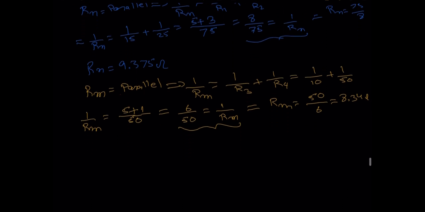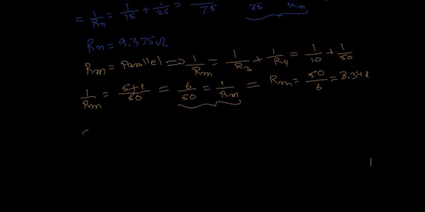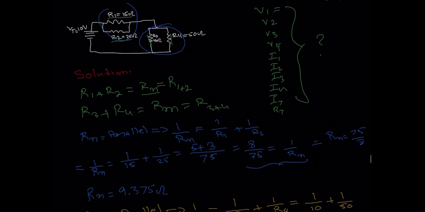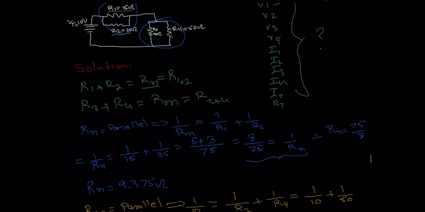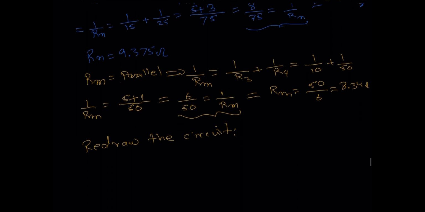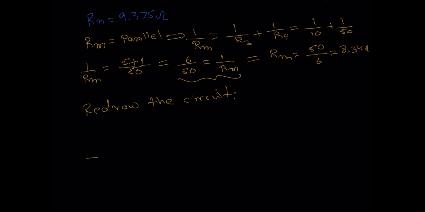Okay, since we found these two values, let's redraw the circuit. The original circuit had two parallel settings and VT. So let's draw that.